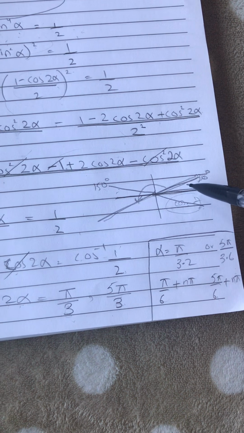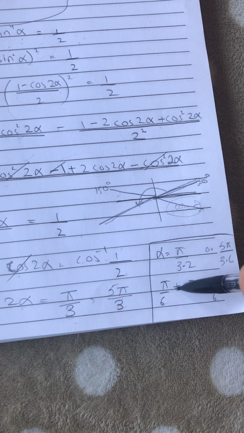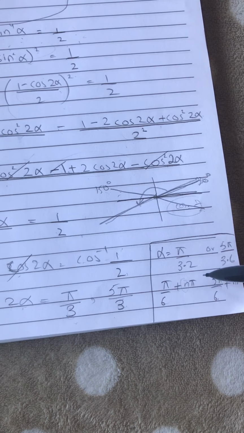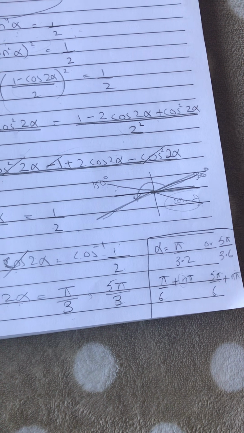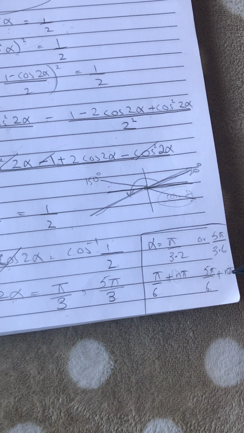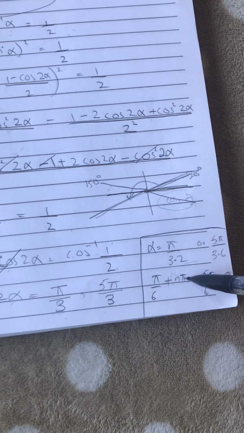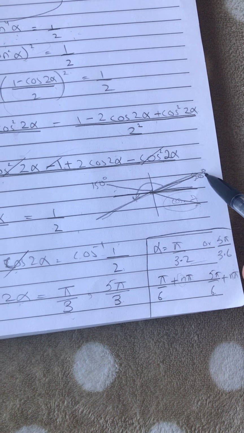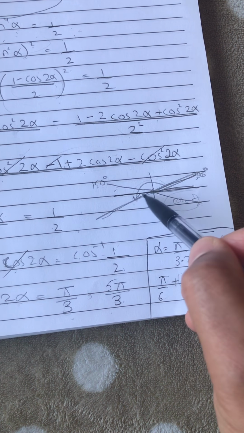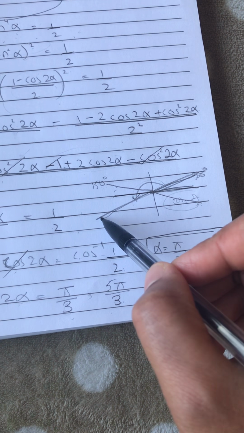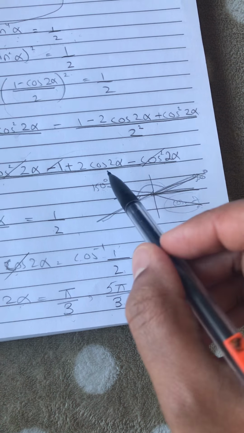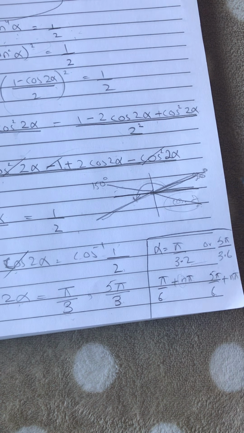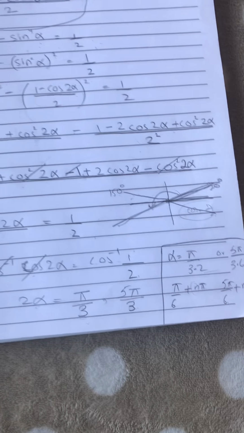So you're going to use pi over 6 plus n pi, where n represents any integer, 1, 2, 3, 4, or 5 pi over 6 plus n pi. So this n pi suggests that you have this angle, which is pi over 6, and also this angle, which is 7 pi over 6, also this 5 pi over 6, and also this 11 pi over 6 as well. Hope it would help.